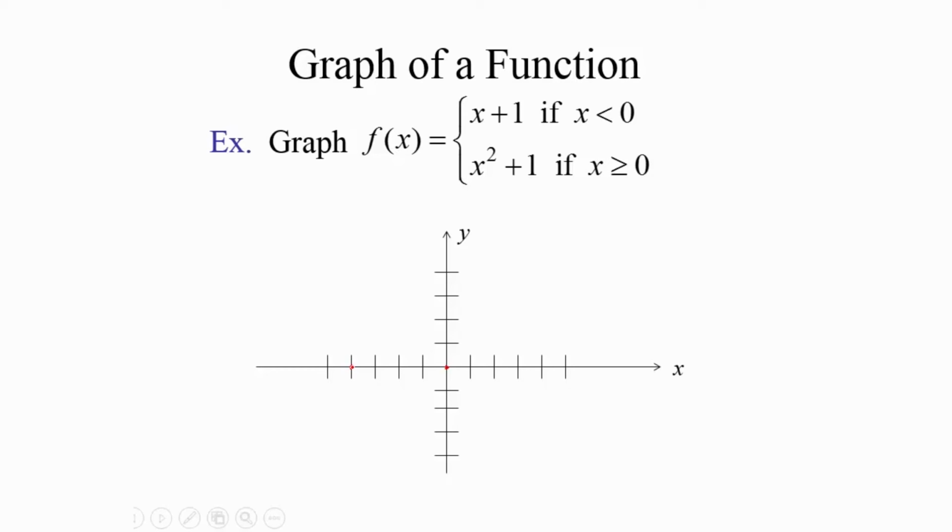If x is equal to minus 4, I have to use this function. So f of minus 4 would be equal to minus 4 plus 1, which is equal to minus 3. So it would be minus 3. This point, right?